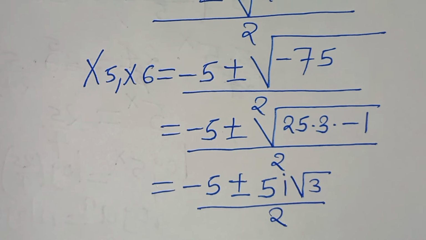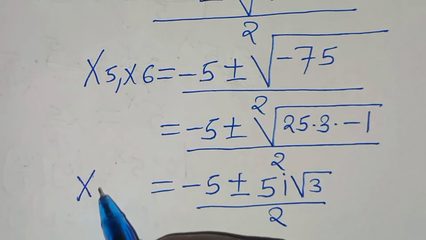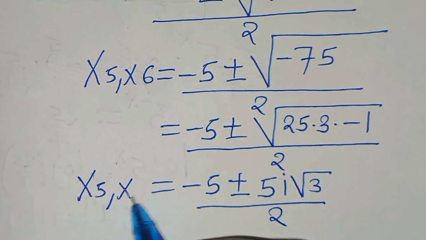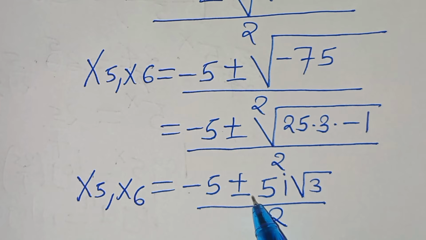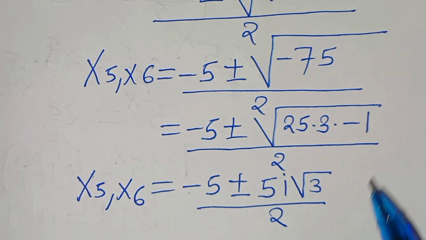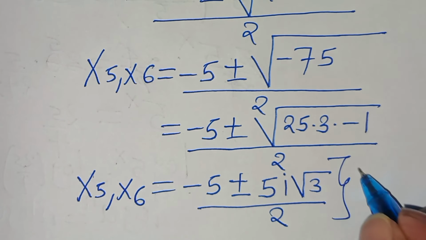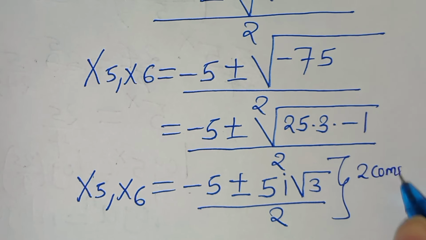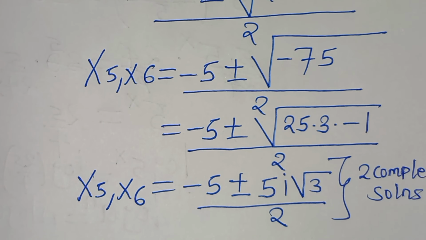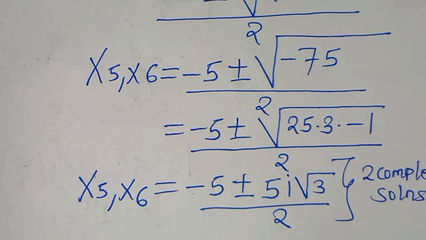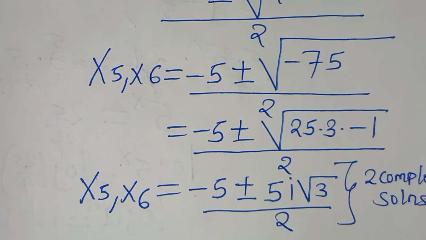So this implies that x5, x6 is equal to minus 5 plus or minus 5i square root of 3 over 2. And these are two complex solutions under case 2. And this totals to 6 solutions under this exponential problem.